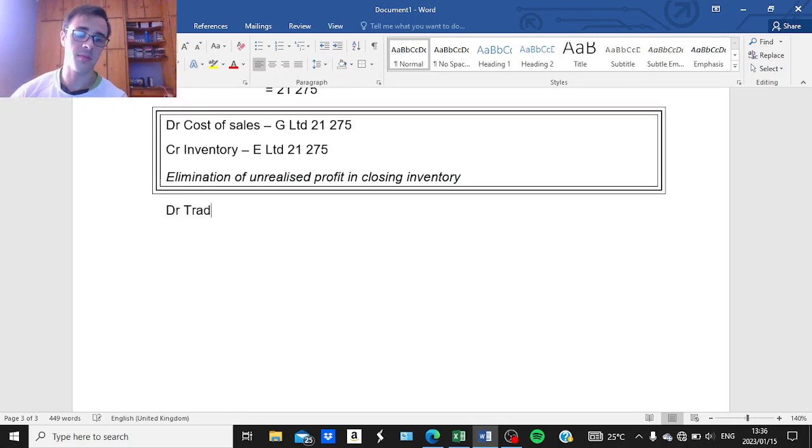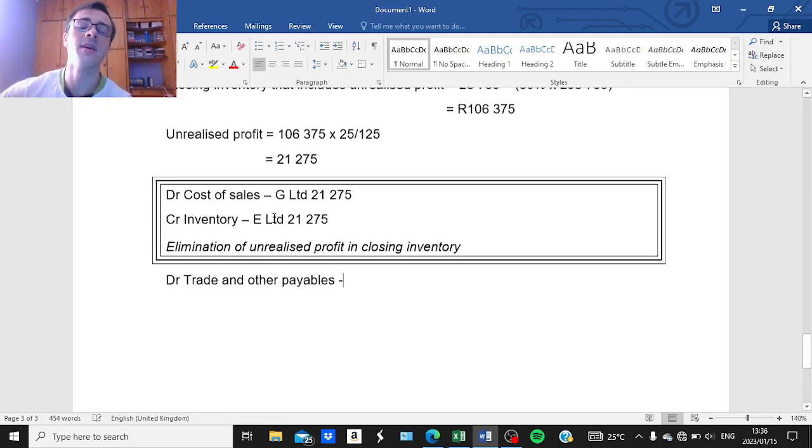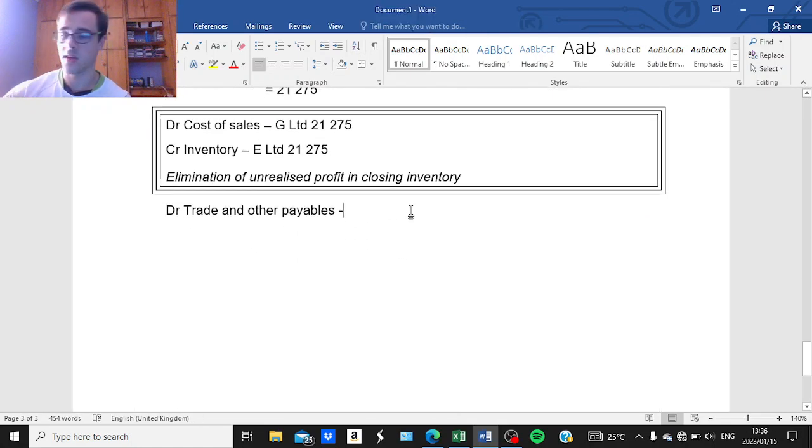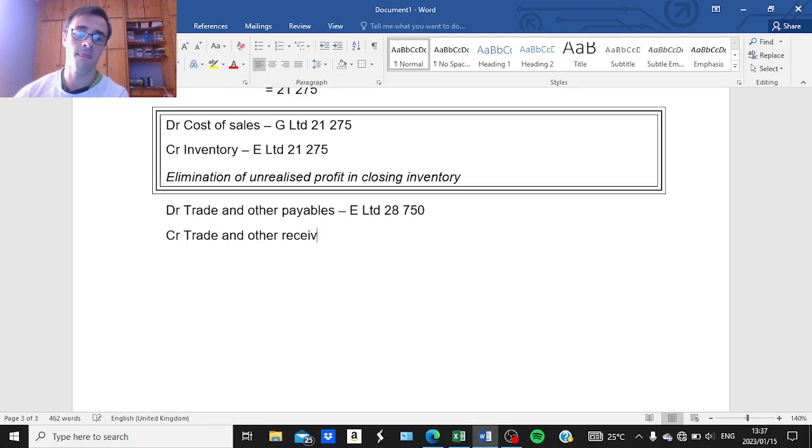So we will debit trade and other payables for the subsidiary, and this will only be done after you have made this additional entry. Debit trade and other payables for Econ Cows Limited, 28,750, and we'll credit trade and other receivables for Grazing Limited with the same amount. Elimination of common items, which is the inventory in transit.